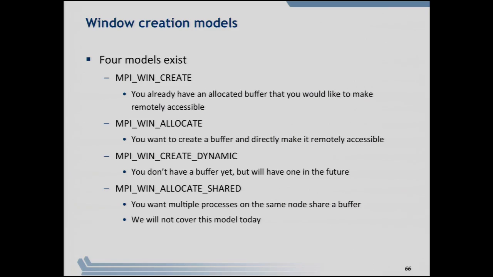In particular, if you've got 100,000 processes and they all know that their windows are at the same virtual address, it's very easy for them to do various sorts of relative computations. Whereas if they don't know that they're at the same relative address, they may have to keep a table of all those addresses, all 100,000 of them. So this is a better one to use if you can.